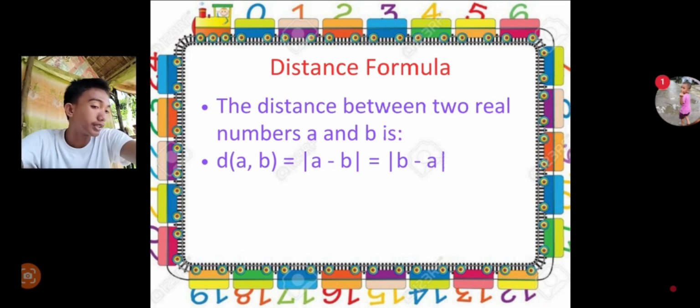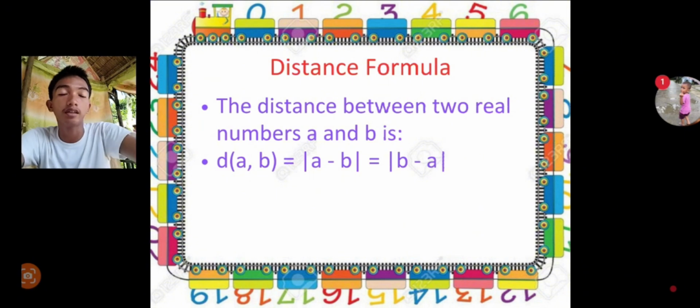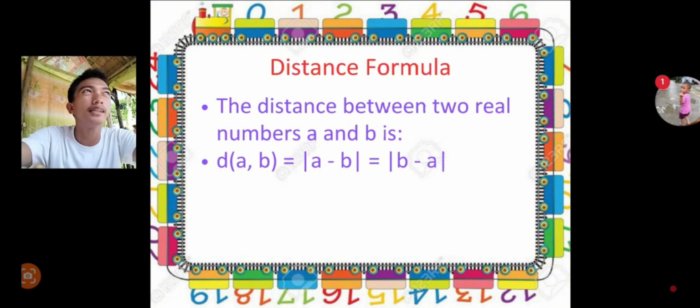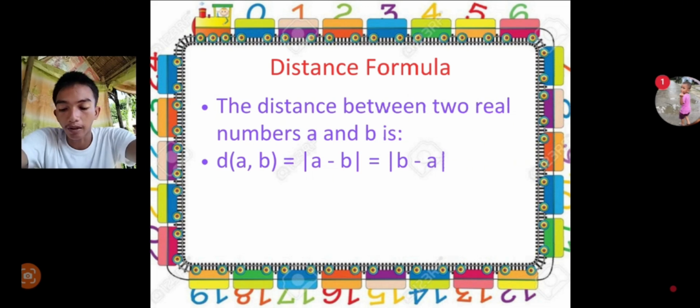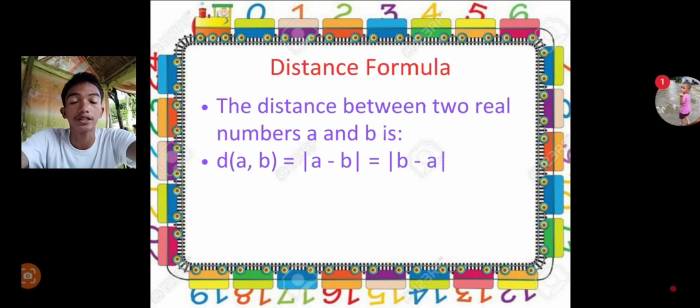That is what I said earlier, that the answer is always positive. So, example, the distance between 2 and 7. Using this formula we can determine the distance between them.